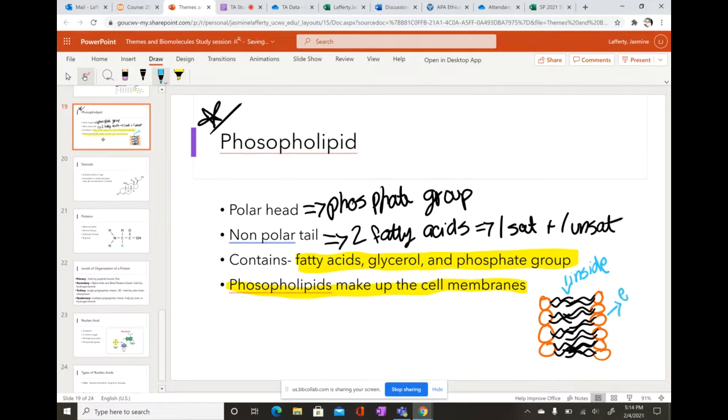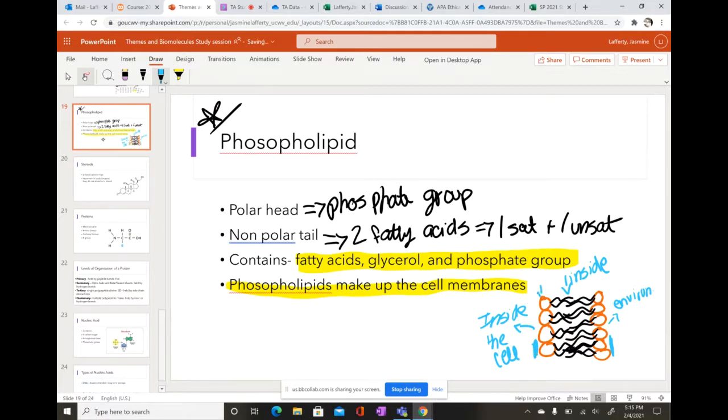This would be like the environment. And then this would be inside the cell. So these are facing out on either side of the cell.